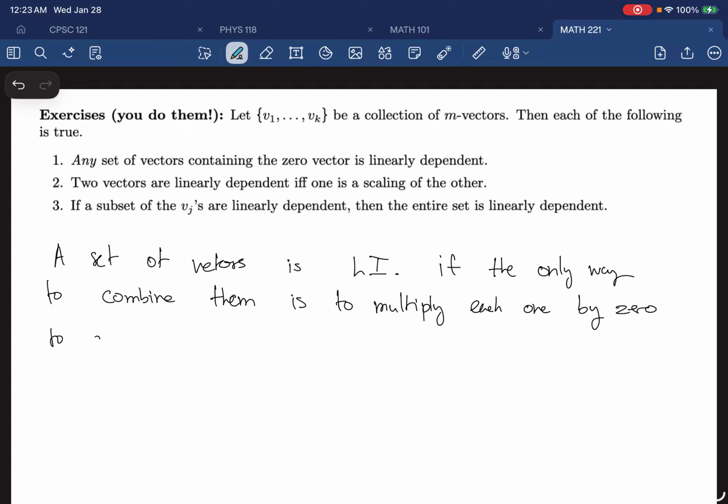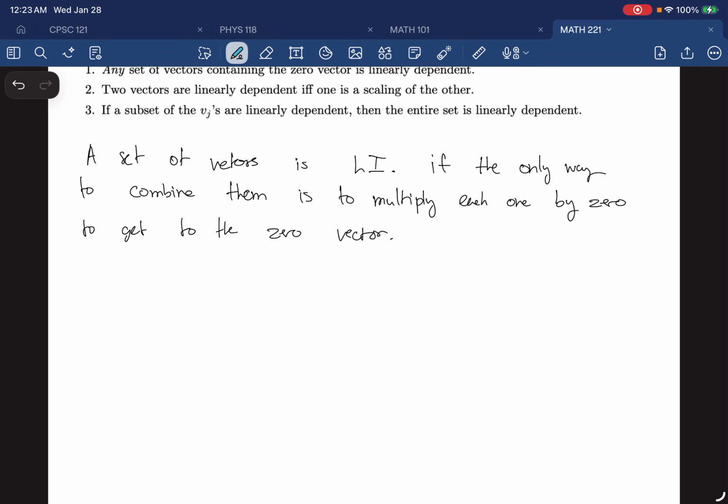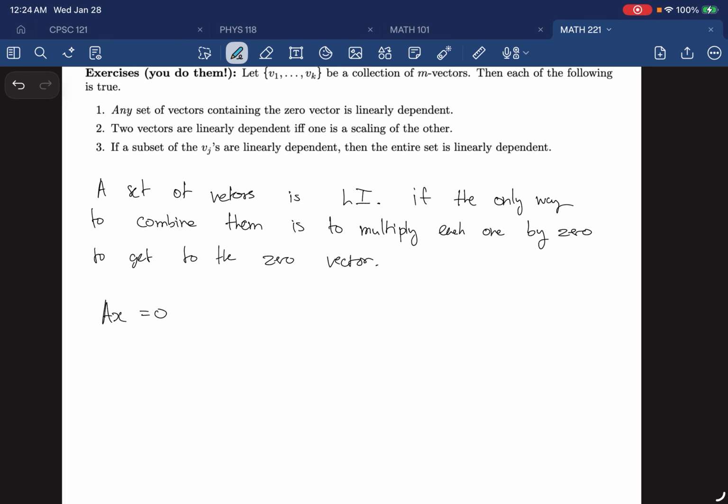We can write this out as the vector equation Ax = 0, where A is a matrix.